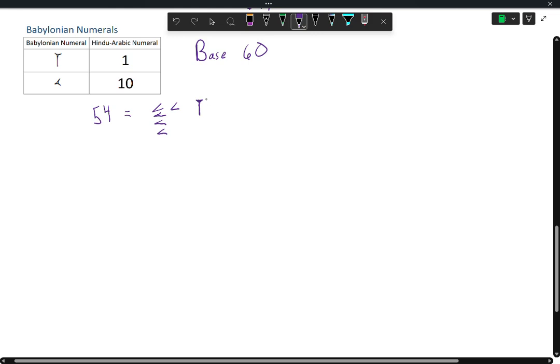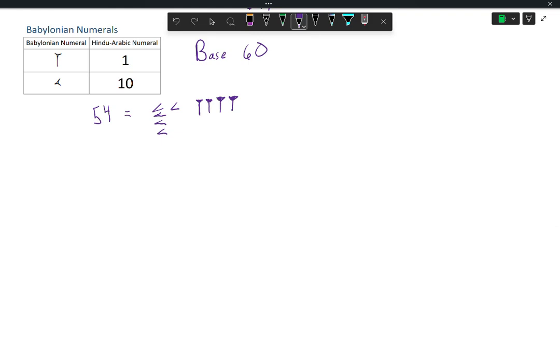Now, I'm not going to badger you over how perfect your drawings are of different symbols, so don't feel too bad if your symbols don't look the prettiest. So that's 54.